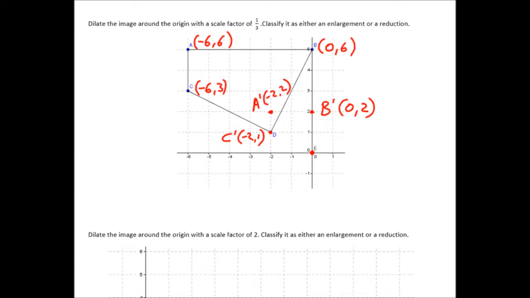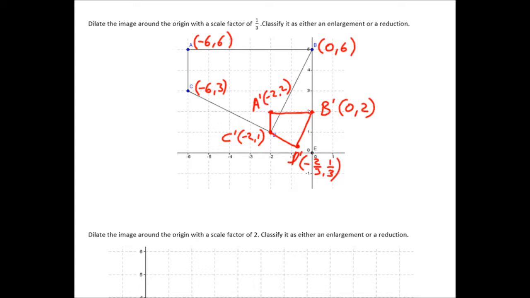And so we're going to get some fractions. It will be at -2/3, 1/3. Here's my best guess. Now I can connect points A prime, B prime, C prime, and D prime, and wind up with a shape, the image, that's been scaled to a factor of 1/3.